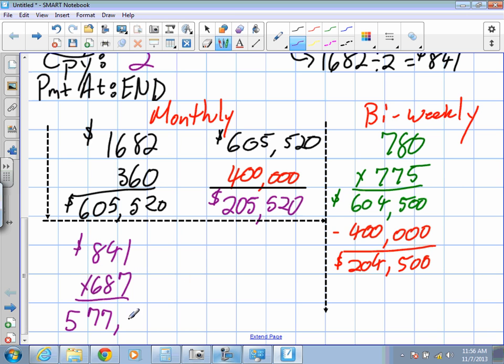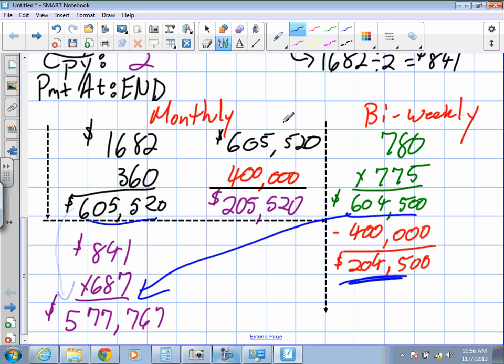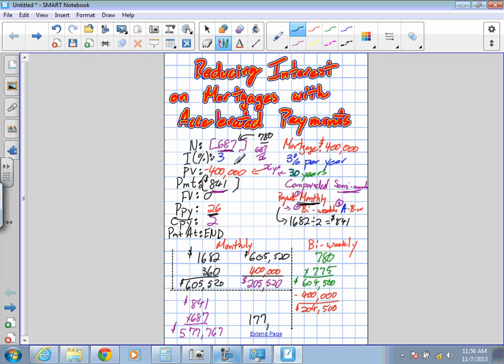So if you notice, this is a lot less than the original we paid, and even a lot less than our biweekly. So we know our interest actually drops to roughly $177,000. That's about a $30,000 drop when we use accelerated payment. So we save a lot of money if we can pay accelerated in a mortgage.